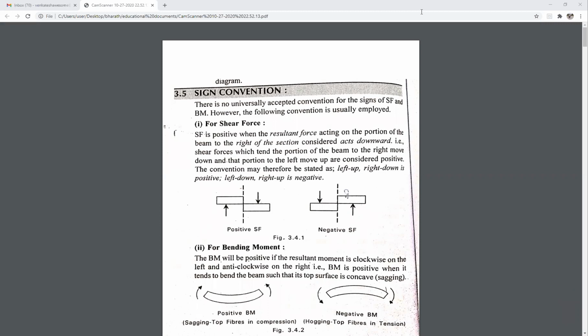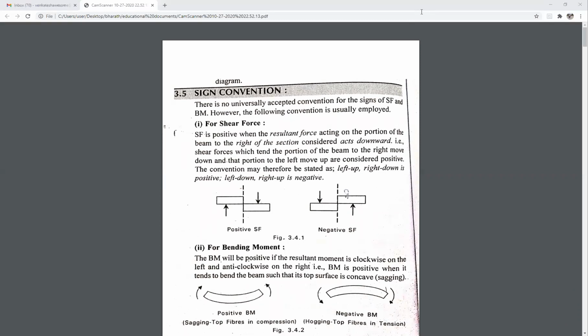In the previous class, we discussed some basic problems regarding the simply supported beam as well as the cantilever beam. We discussed how to construct SFD and BMD.